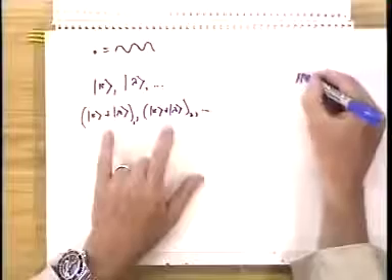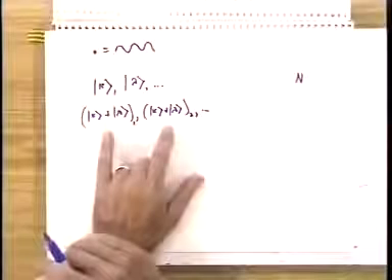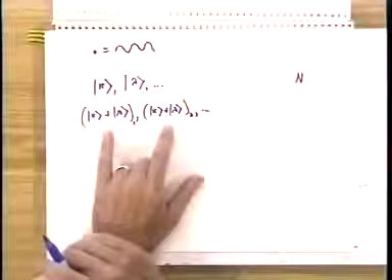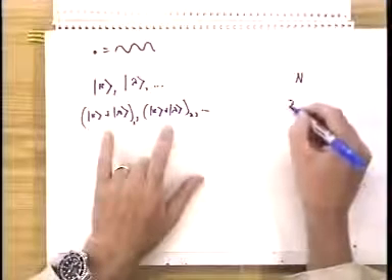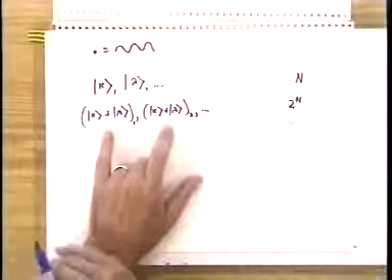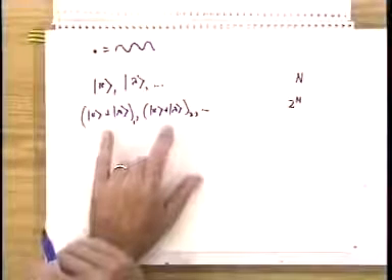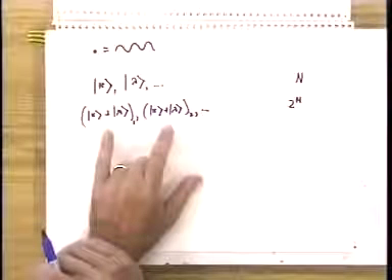And what happens is that whereas in a standard computing device you have n of these states, in a device like this you actually end up with 2 to the n states.